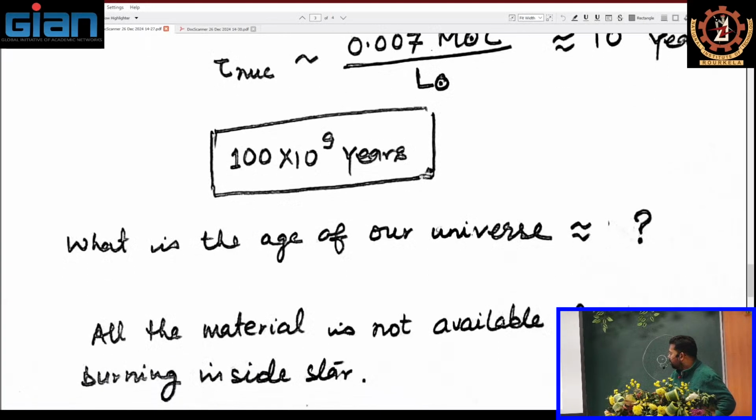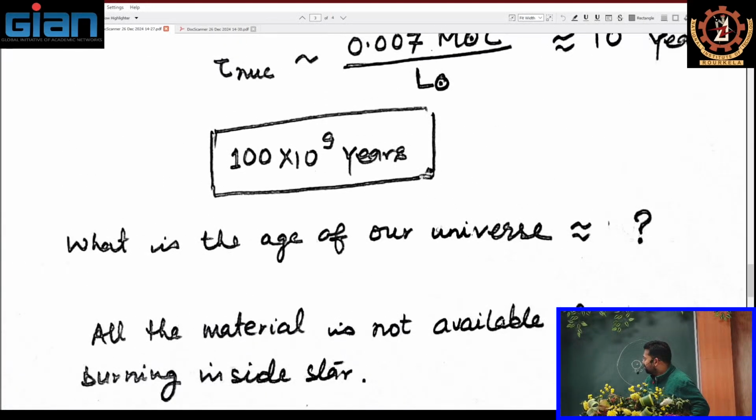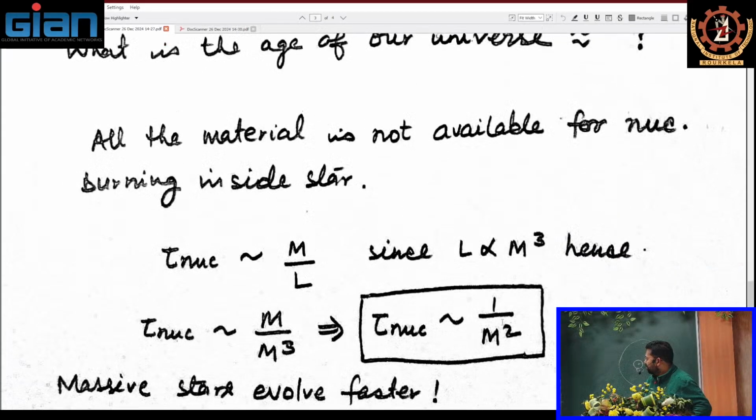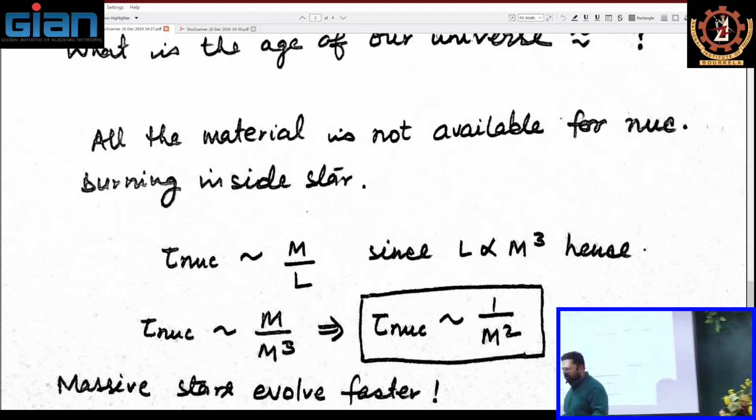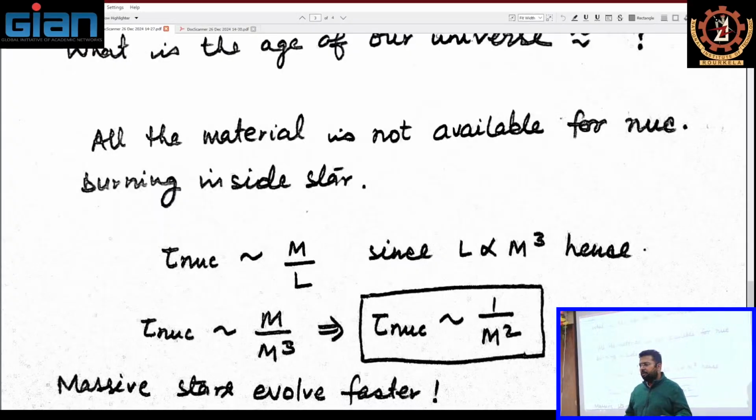Yeah, this was the argument already discussed. So how can you prove, with a very simple argument, the fact that massive stars evolve faster, just by having the definition of the nuclear time scale plus the relation between mass and luminosity? You don't need anything else. Your tau nuclear basically depends upon the mass divided by L, and L is proportional to m cubed.